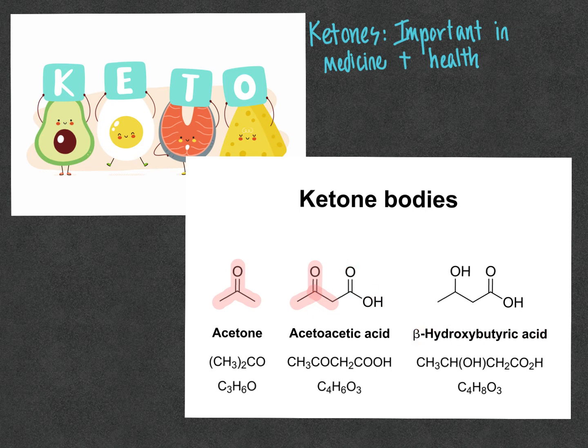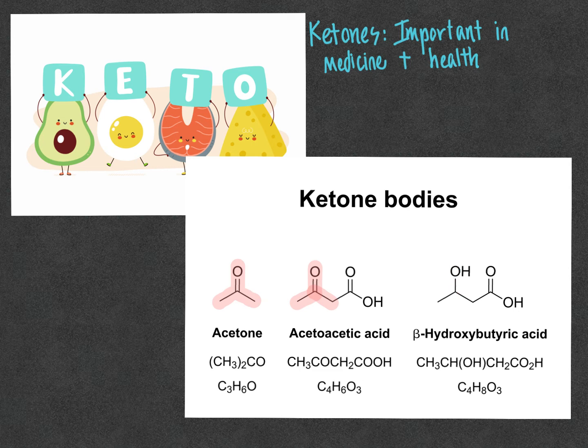Beta-hydroxybutyric acid, which is also a molecule that accumulates in cases where carbohydrates are very limited, is a molecule that is absent in any ketone groups. But what has happened here is that the carbonyl group of acetoacetic acid has been reduced, meaning that one of these bonds to oxygen has been lost to give this hydroxy group here.